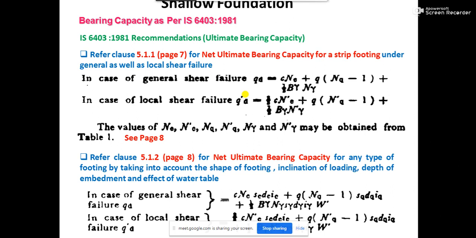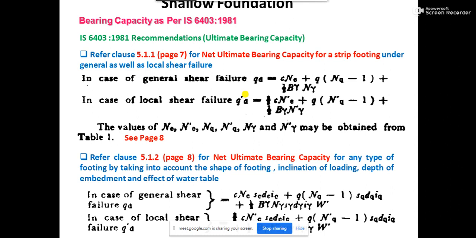Strip footing is a footing where the length of the footing, that means the dimension of the footing in the other direction, is much more than the dimension in one direction on the horizontal plane. That means the length of the footing is much greater than the breadth of the footing. So considering that, Terzaghi has given his bearing capacity equation.